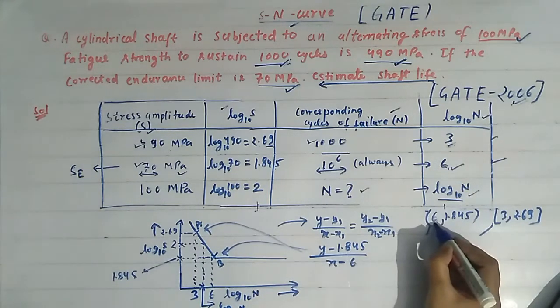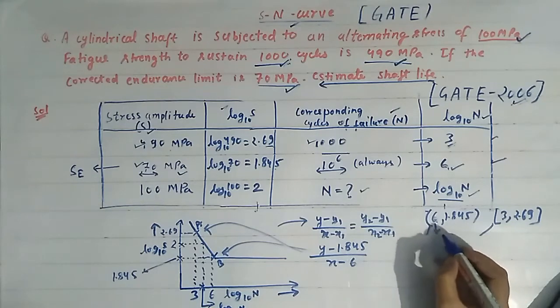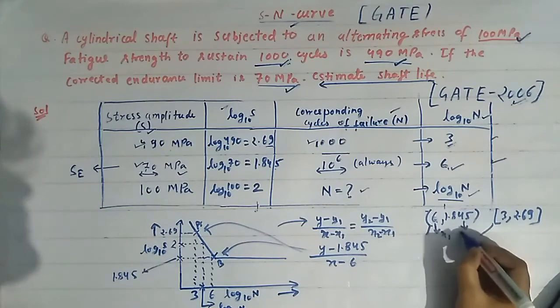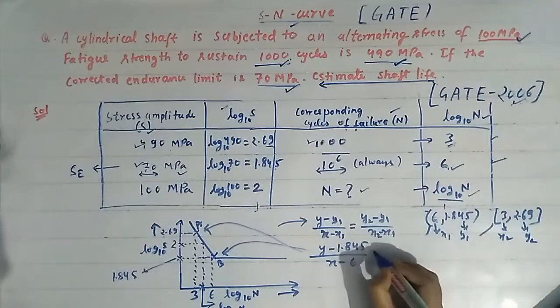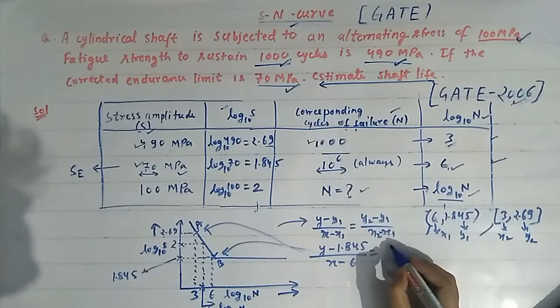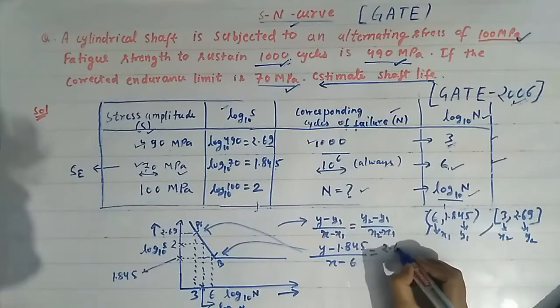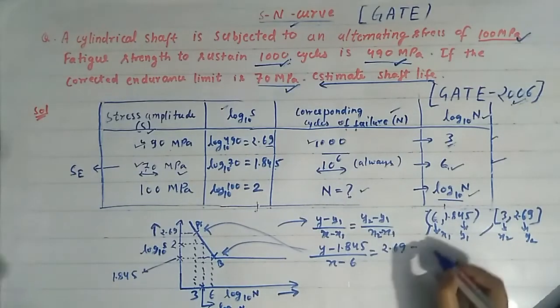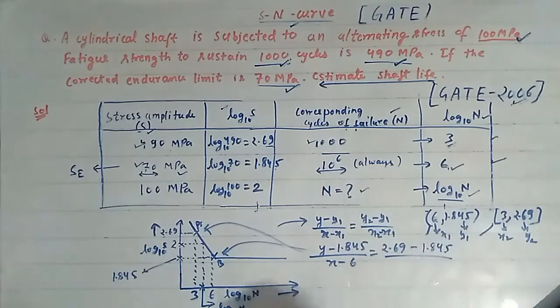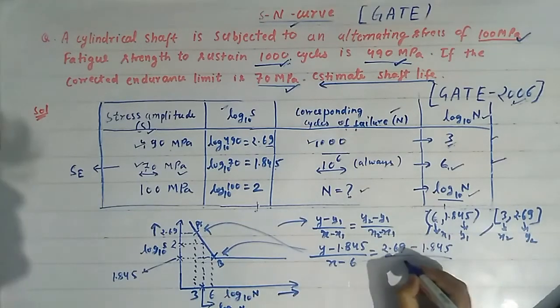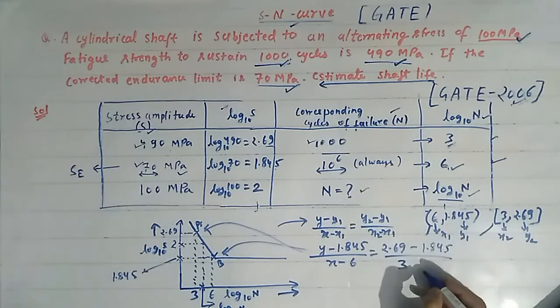This is our x1 and this is our y1. This is our x2, this is our y2, is equal to y2. How much is y2? y2 is 2.69 minus y1, that is 1.845, and x2 is 3 and x1 is 6.